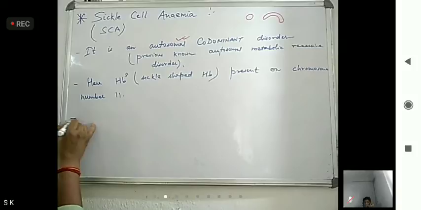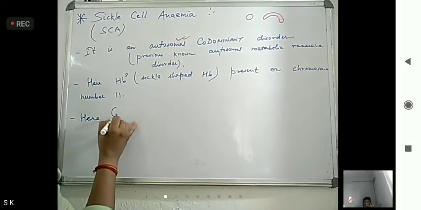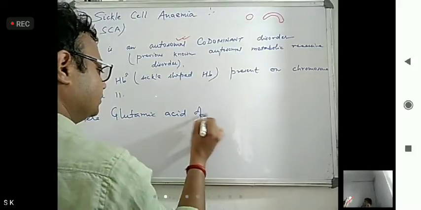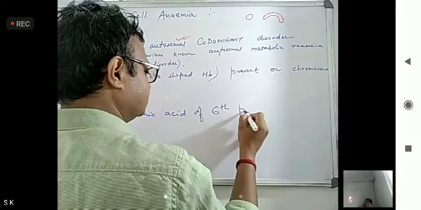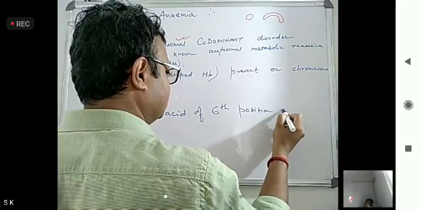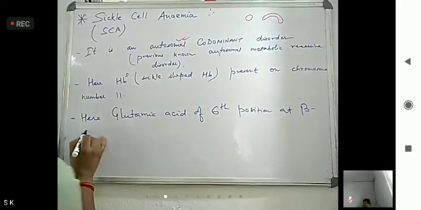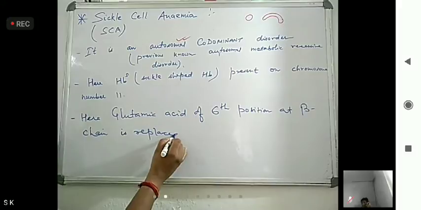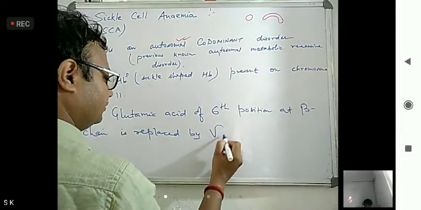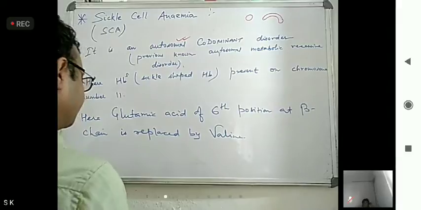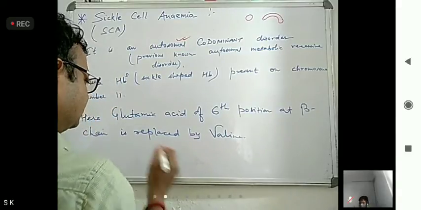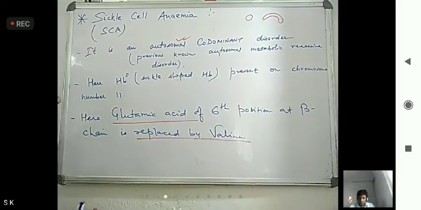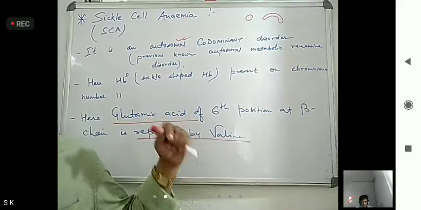So here glutamic acid of sixth position at beta chain is replaced by valine. So what we can say, how this disease happens, in this disease glutamic acid is replaced by valine. Okay, and this is the major cause that happens here.